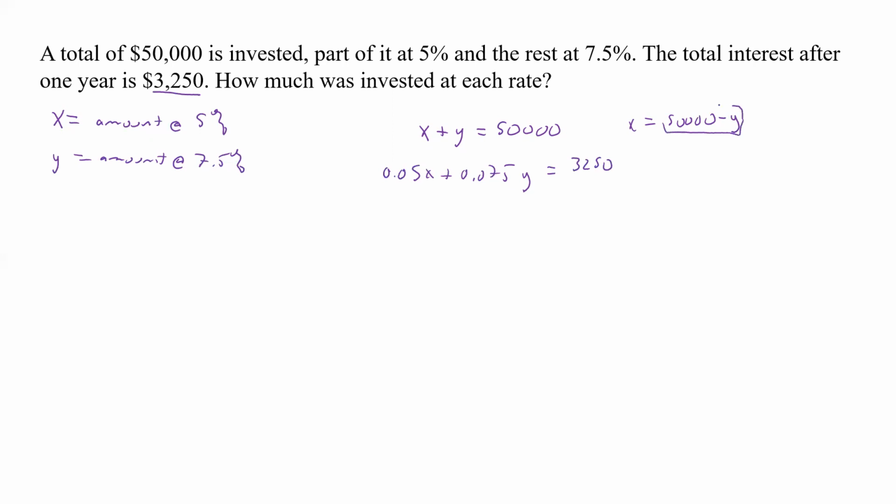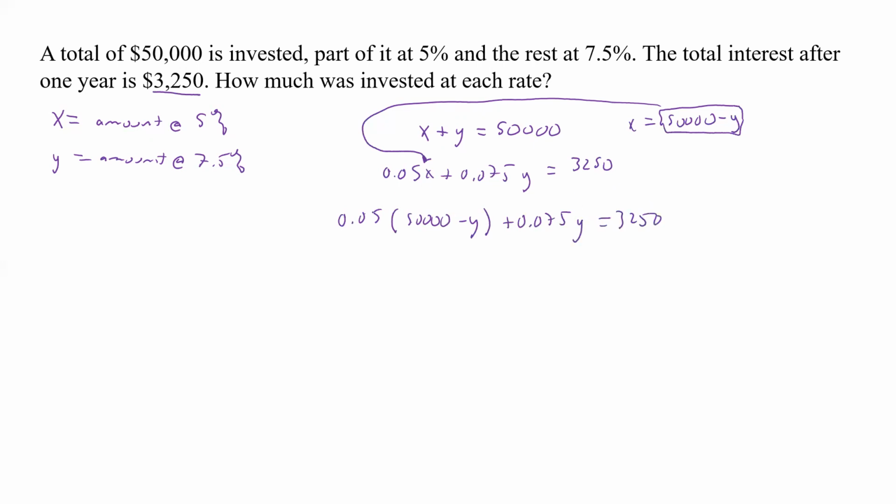Then I can plug this all the way back over here. And now I have 0.05 times (50,000 minus Y) plus 0.075Y, and that equals 3250.